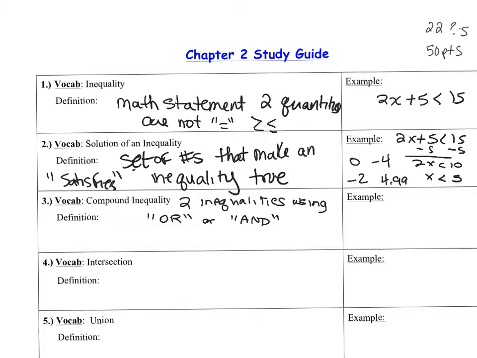For example, a simple compound inequality such as x is greater than 5 or x is less than -2. Another one may be x is greater than -2 and it's less than 5, where that's an and inequality brought together as one.